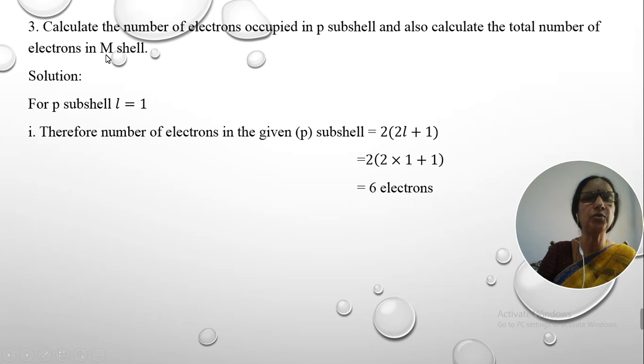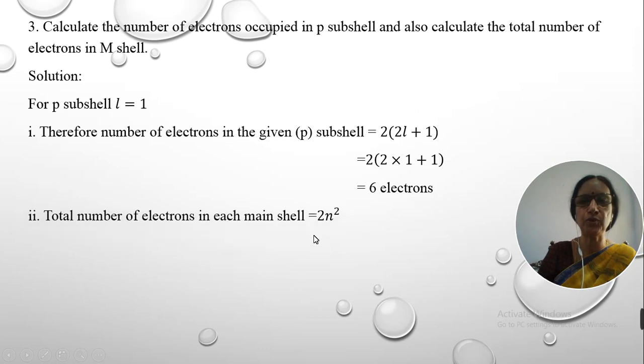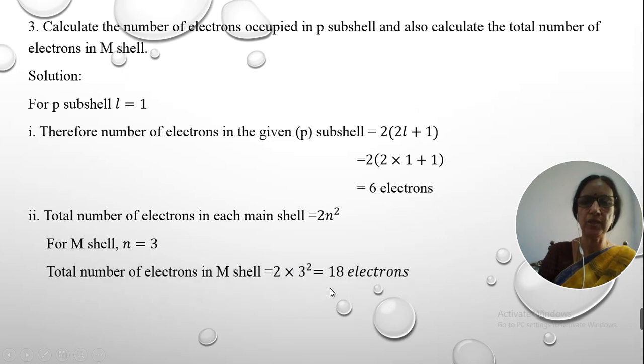Now they are asking you to calculate the number of electrons in the M main shell. For that we have to take the formula 2n square. For M, K is the first orbit, then L and M, so n is equal to 3; you have to substitute that for calculating this. So it comes out to be 18 electrons. Okay, so with this we have come to an end of the numericals.